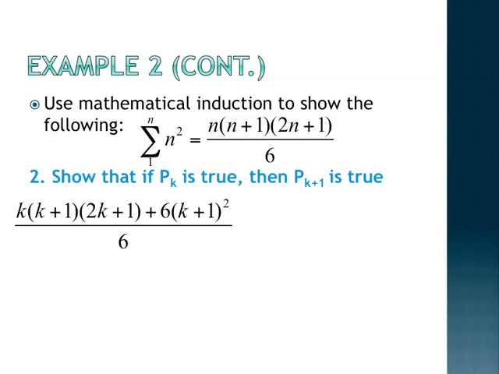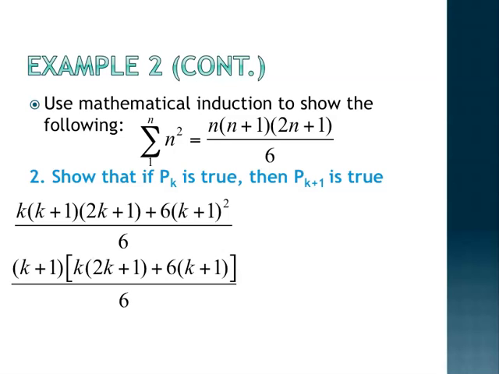If you take a look at the numerator, we actually have a k plus 1 in the first term, and we have two k plus 1s in the second. So we're going to take one of those k plus 1s out from each term and factor that out. So we have k plus 1. That leaves us with what? k times 2k plus 1 plus 6 times k plus 1.